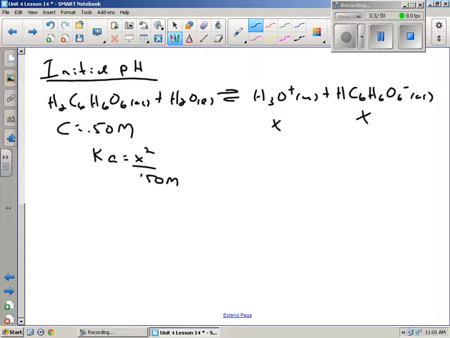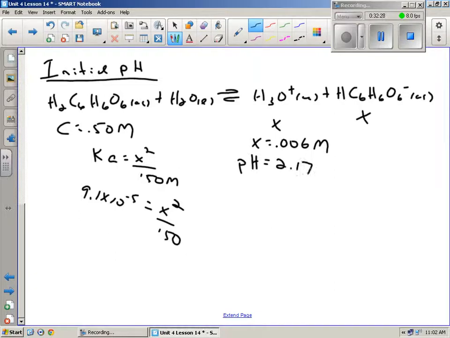Ka for that is 9.1 times 10 to the negative 5, so 9.1 times 10 to the negative 5 is x squared over 0.50. When you solve for x, I'm taking a shortcut because I'm assuming you can do this by now, it's about 0.006 molar, roughly. You take the negative log of that, and the pH here would be 2.17 to start. Hopefully that's what you got, because that's the easy part.